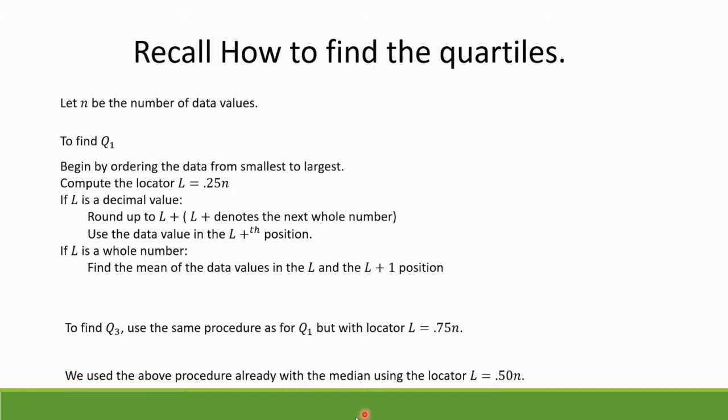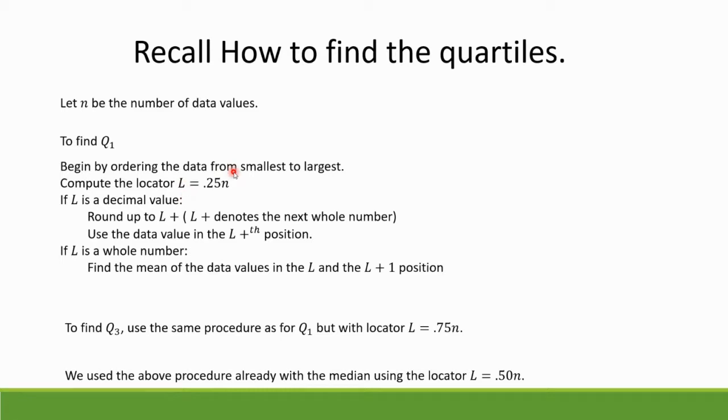But anyway, there's a procedure here for calculating the quartiles. This is how you find Q1. We have done this before. You always sort the data from smallest to largest. For Q1, you're computing this. You're going to find this number. We'll do an example, don't worry.